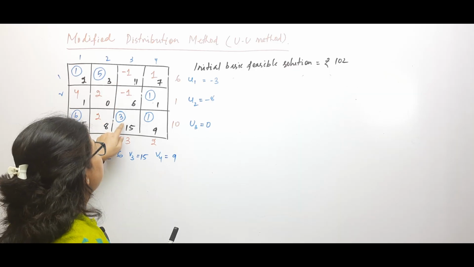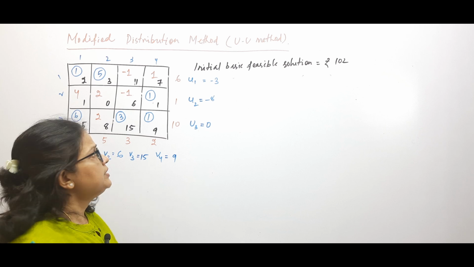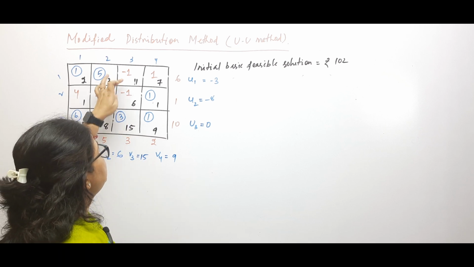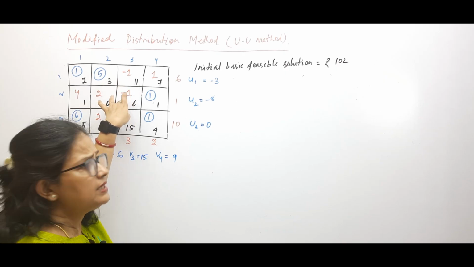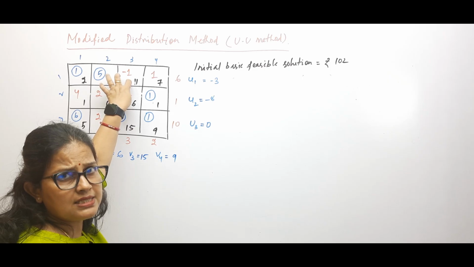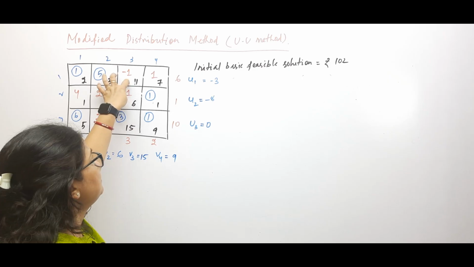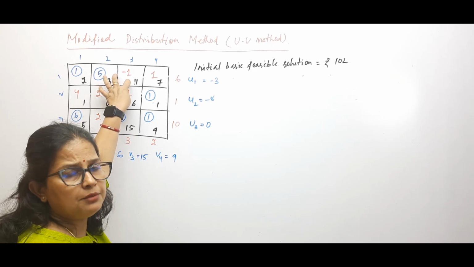Otherwise, we are not able to trace the closed loop. Here two negative numbers are there, minus 1 and minus 1. We can take one arbitrarily because both are the same. Otherwise, we have to choose the most negative number.